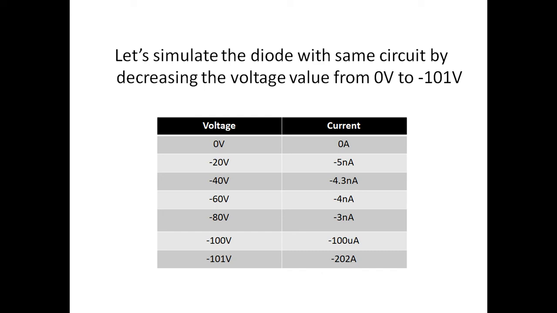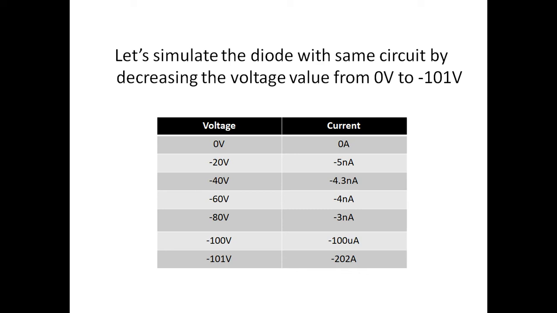But anyways, ito yung table, ito yung mga binigay sa akin na values ng current. From 0, obviously walang current na dadaloy, 0 ampere. So habang nag-a-apply ako ng voltage across the diode, from 0, negative 20, merong binibigay na negative 5 nanoampere, negative 40, negative 4.3, nag-i-increment ako ng negative 20 volts.